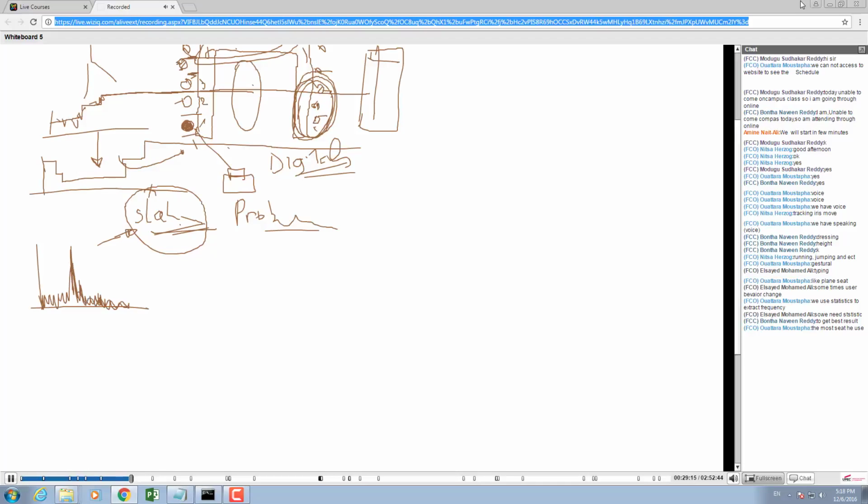So you can extract a histogram, and what will be the information if you have a histogram like this? The horizontal line will be the seat, and the vertical line will be the number of times.